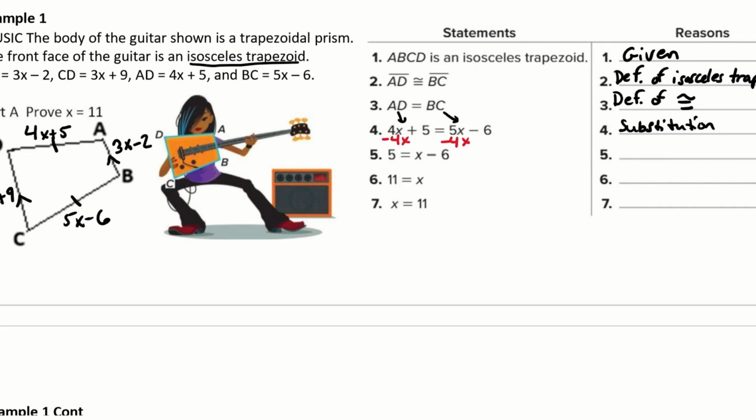So when you subtract the same thing on both sides, you get this result here. And we call that a subtraction property. So substitution property, and then we got subtraction property, all right? Now, to get from step 5 to step 6, I have to add 6 to both sides. So we call that an addition property.